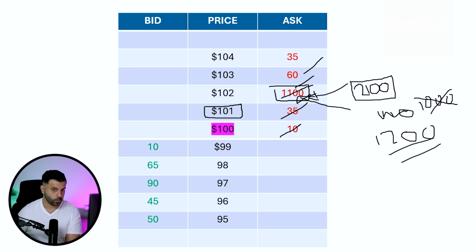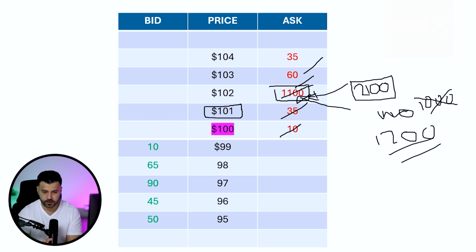This is one of the reasons why I don't like using an order book. It's a fantastic tool, but the point is to understand the mechanics behind it, and how a market moves is the most important thing.